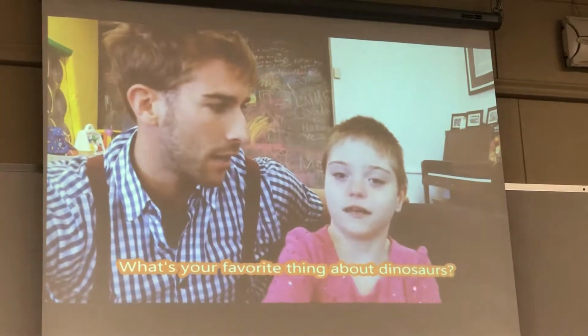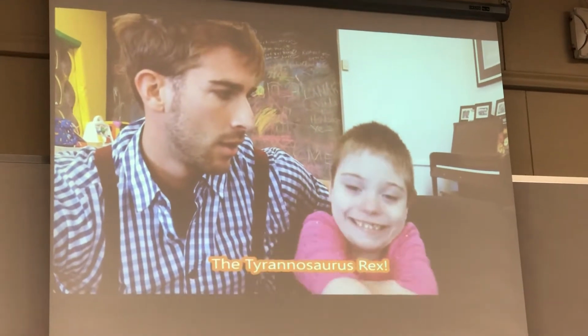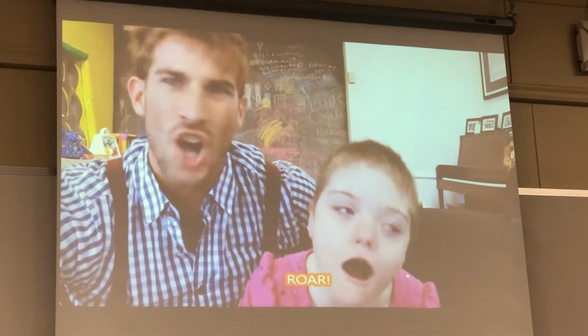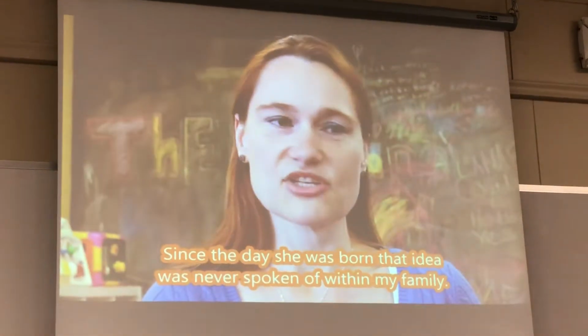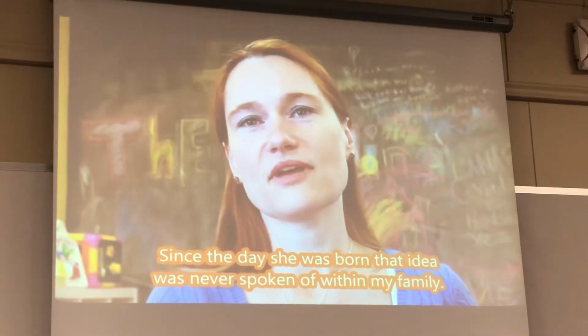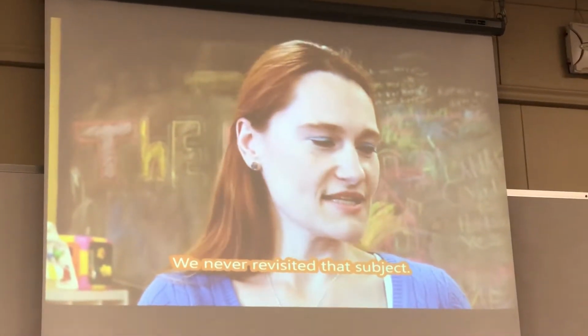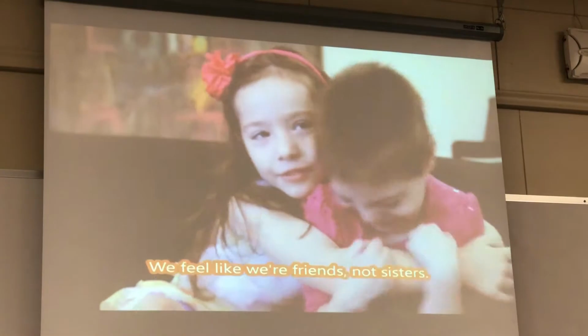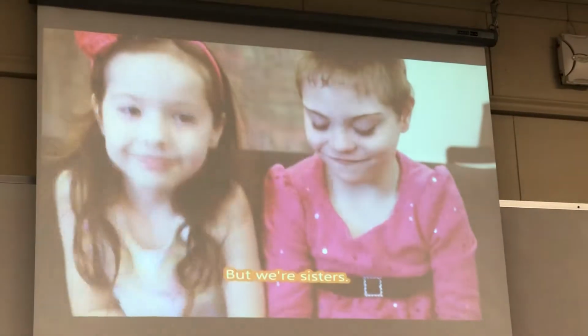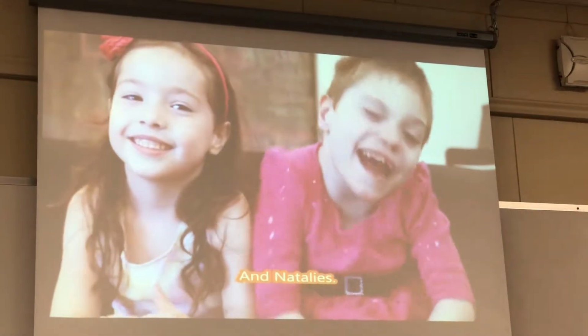What's your favorite thing about dinosaurs? The Tyrannosaurus Rex. What does he say? Since the day she was born, that idea was never spoken of within my family. Like, we never revisited that subject. We feel like we're friends, not sisters. But we're sisters.